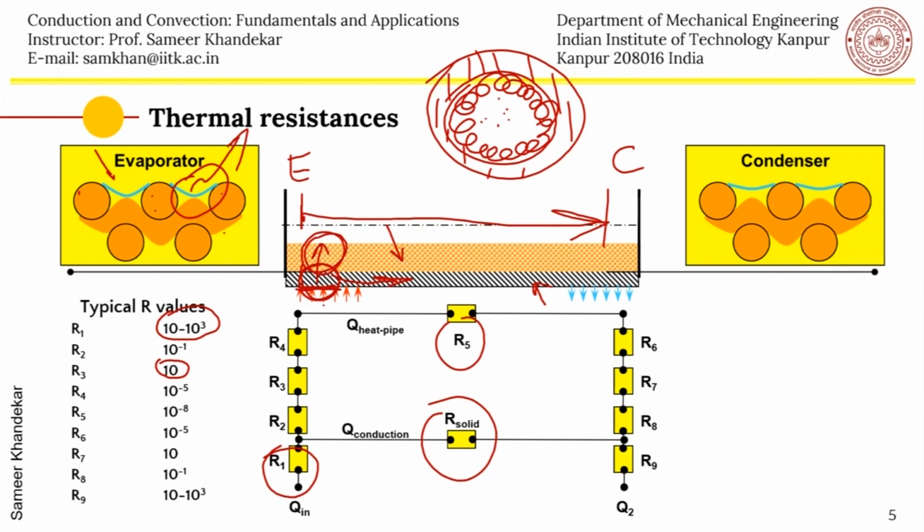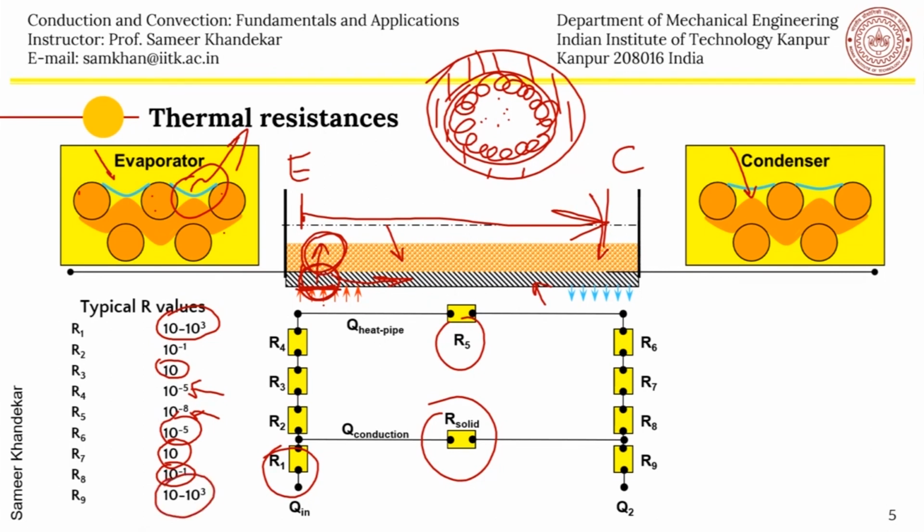and then again the reverse takes place, condensation takes place through R6 at the interface here at the condenser, and then the heat has to travel through the wick, and then through the tube material, and then the outside thermal resistance, which is R9, and then finally Q2 is rejected, which is equal to Q1 or equal to Q in.